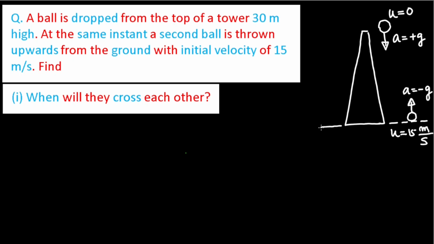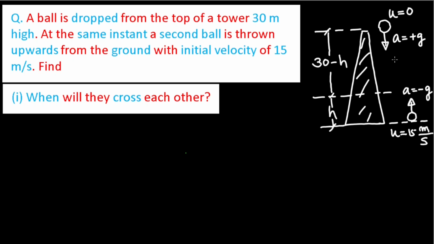Suppose the second ball travels height h before it crosses the first ball, so that the distance traveled by the first ball before it crosses the second ball will be 30 minus h, because the height of the tower is 30.